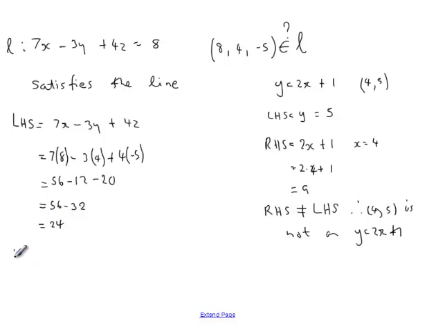And our right-hand side is equal to 8. So the right-hand side is not equal to the left-hand side. Therefore (8, 4, minus 5) is not on the given line.